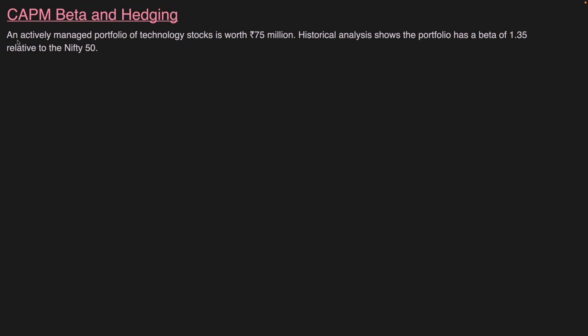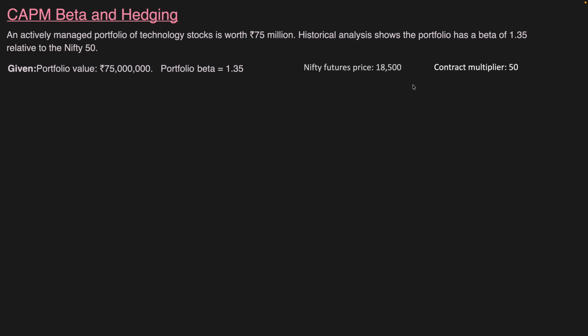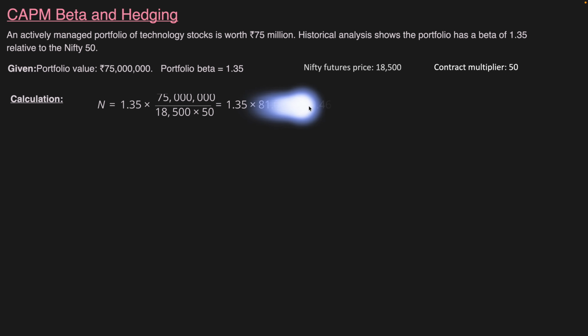Let us say an actively managed portfolio of technology stocks is worth 75 million and it has a beta of 1.35. Given the portfolio value, and the Nifty futures price at 18,500, and the contract size is 50, the number of contracts required to hedge this portfolio is 1.35 into 75 million divided by 18,500 into 50, which is nothing but 109.46 contracts.